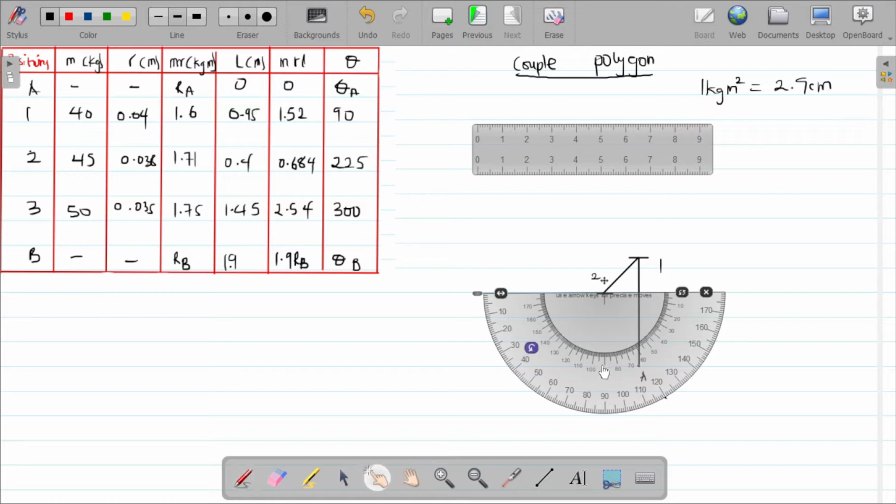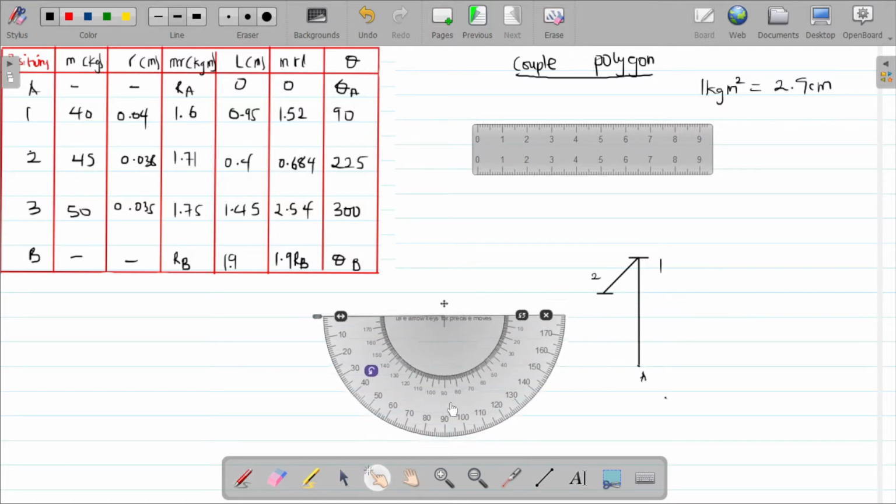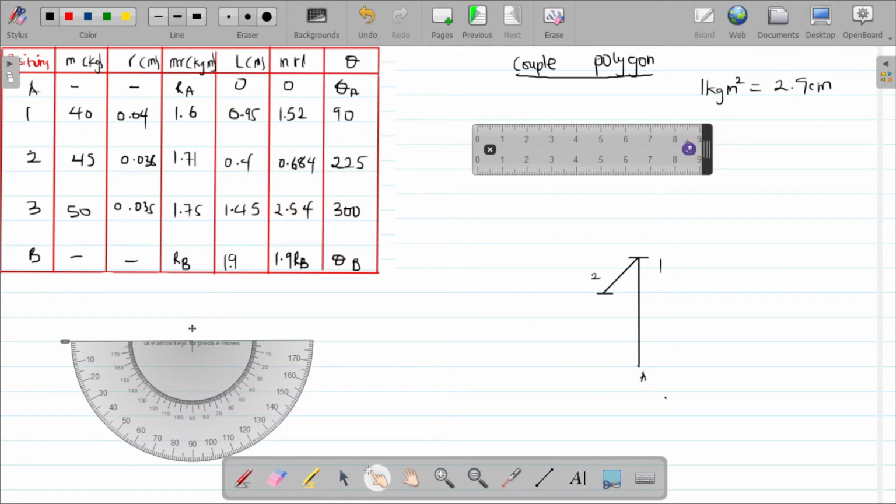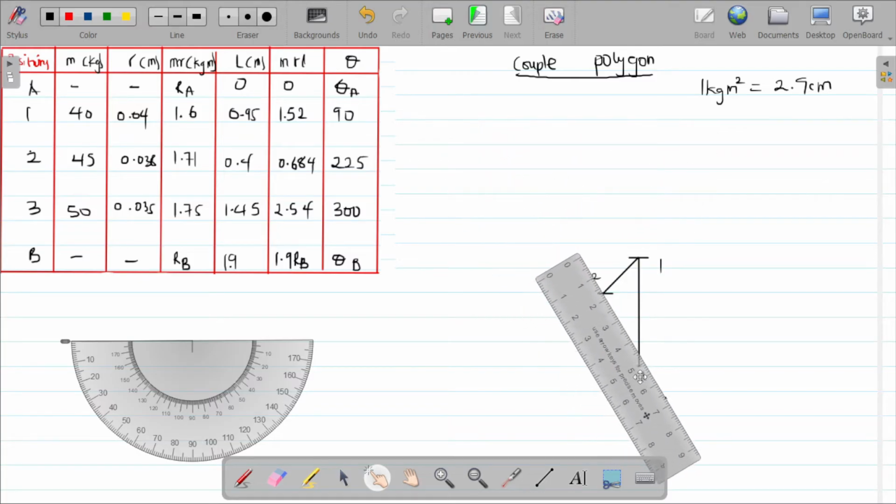All right. So now we know the 300 mark. So we just have to bring this guy here. Okay. So the magnitude, we have 2.54. 2.54 times 2.9, that's 7.366.